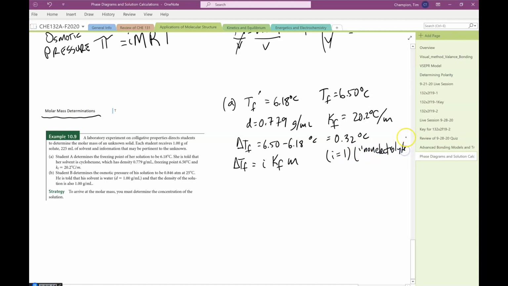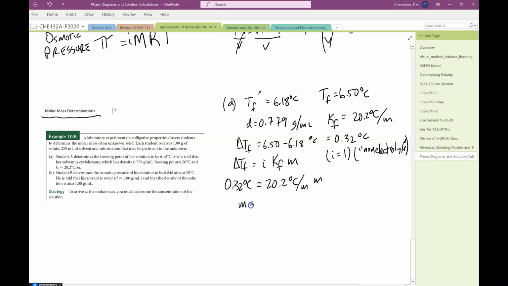They didn't say that anywhere here, but that means that i is equal to 1. So we know that delta T is 0.32 degrees C, we know i is 1, so we'll just leave it out. We know K sub F is 20.2 degrees C per molal, and we don't have any idea what the molality is. But we can figure it out from this equation.